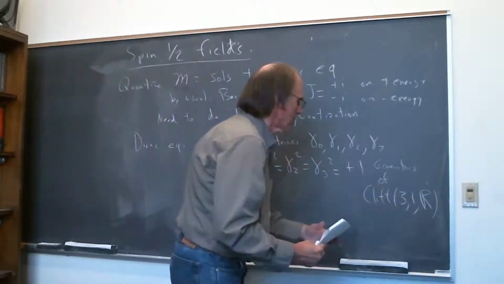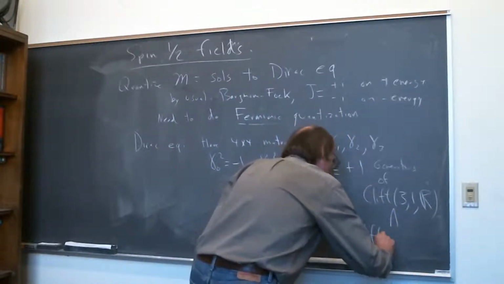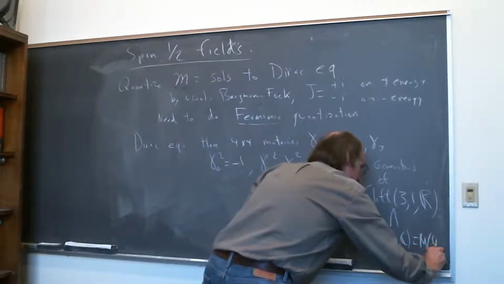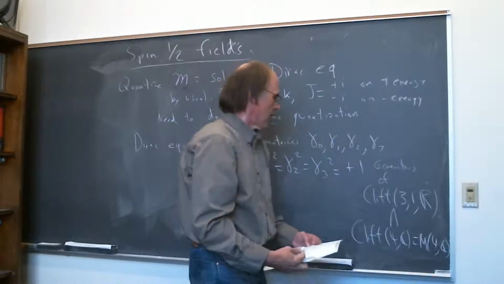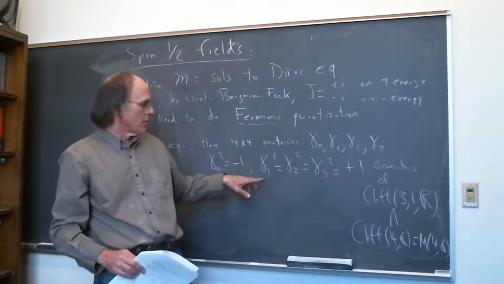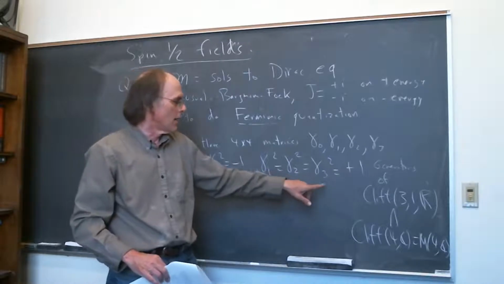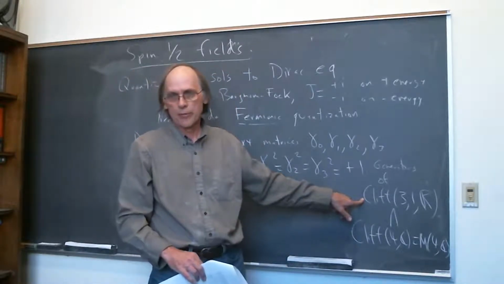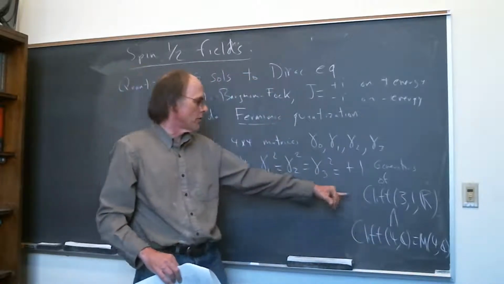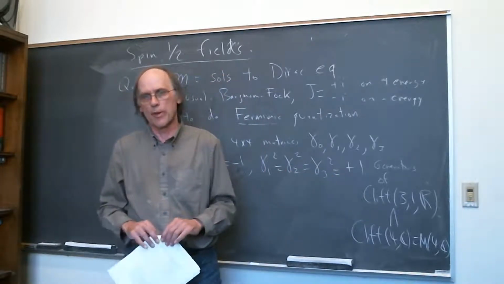And so these are going to sit inside Cliff of 4C, which is M of 4C. So this condition here is: if I look at real linear combinations of these things, I get this Clifford algebra generated by this. But normally you often think of these as certain special kinds of complex 4x4 matrices.